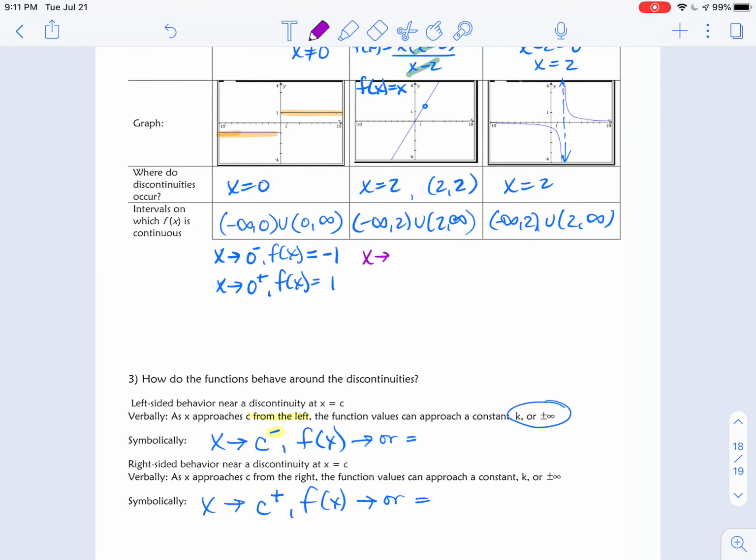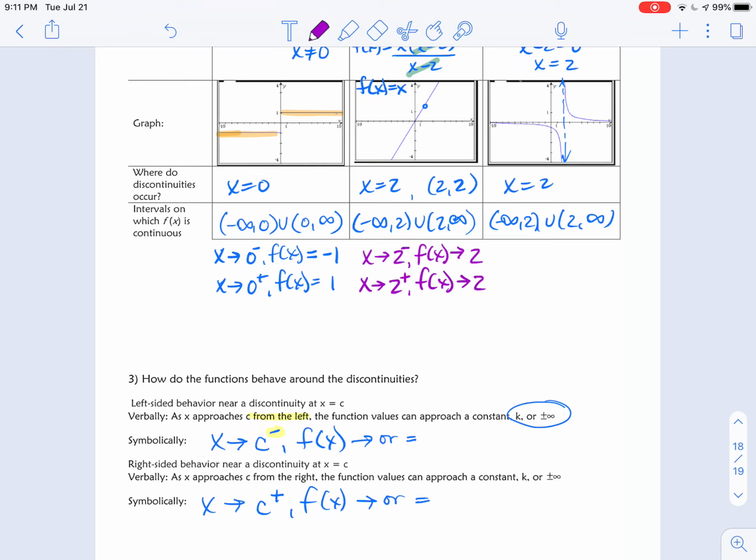And so let's go ahead and write these for the next two problems. As x approached and we had the discontinuity at 2, now this time the function approaches 2. It cannot equal 2 because that's the value that is undefined. And so we're just going to say it's approaching 2.